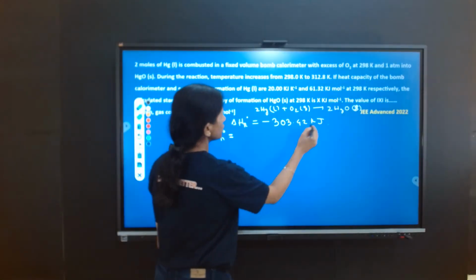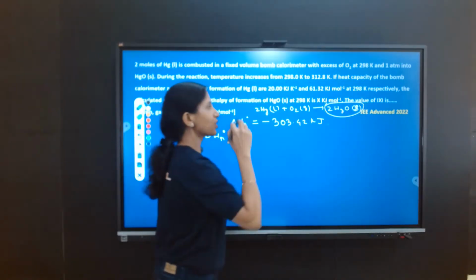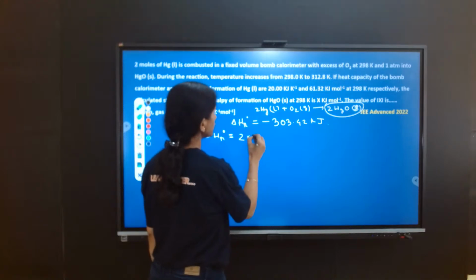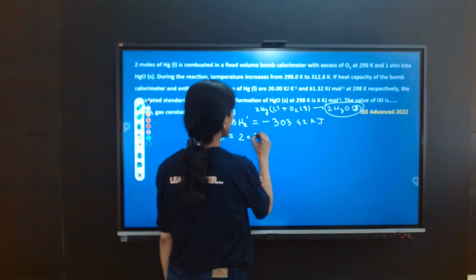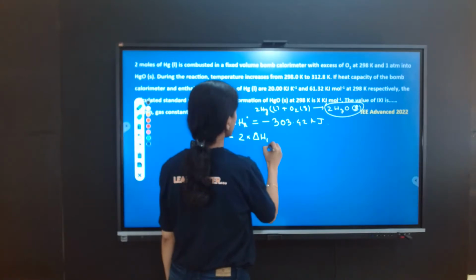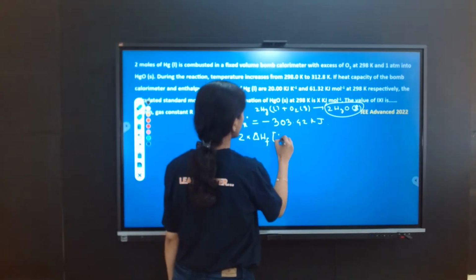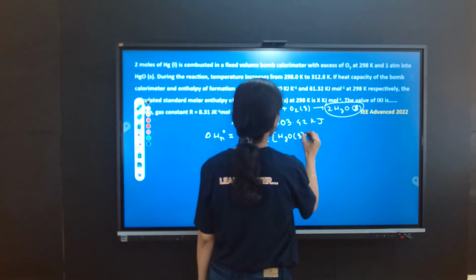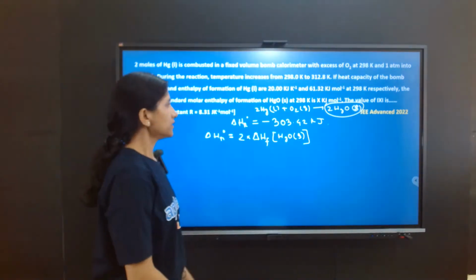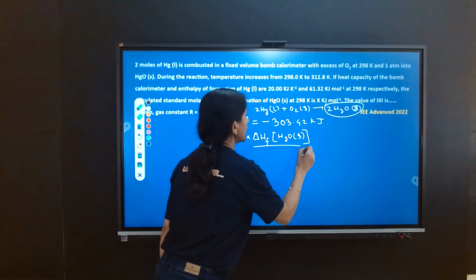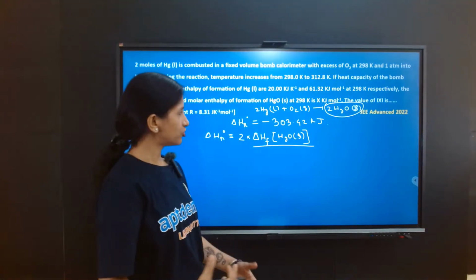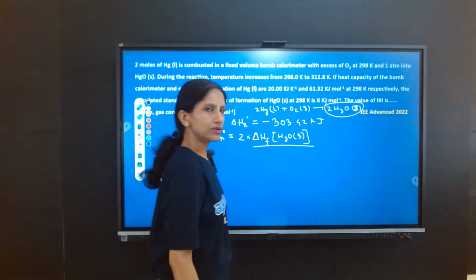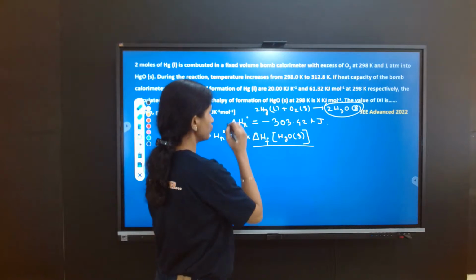Because we have 2 moles of solid HgO in the product side, we will multiply by 2 for this and we will write delta HF, that is the heat of formation of HgO solid, and because 2 moles of product has been formed, we are multiplying with 2.